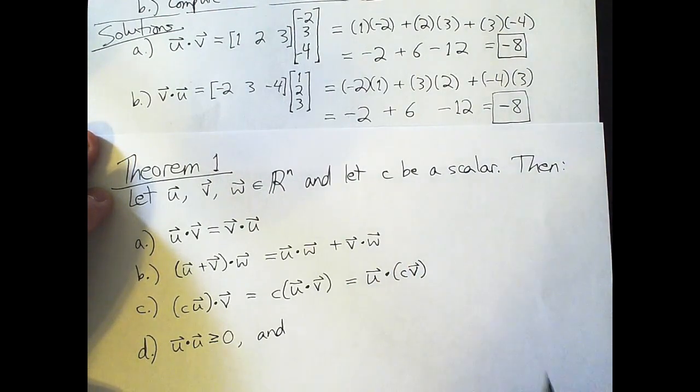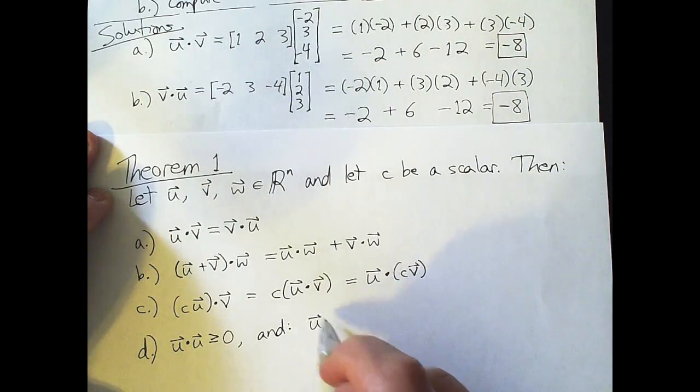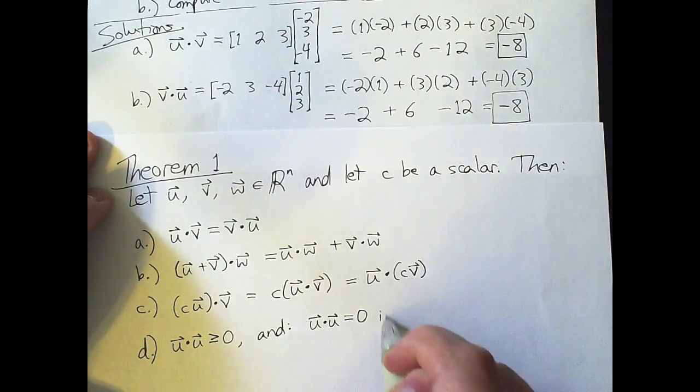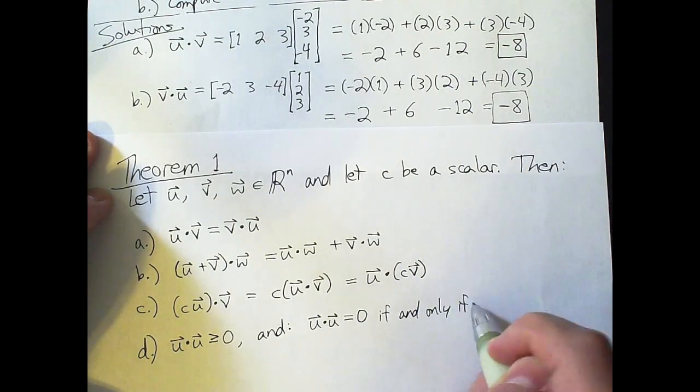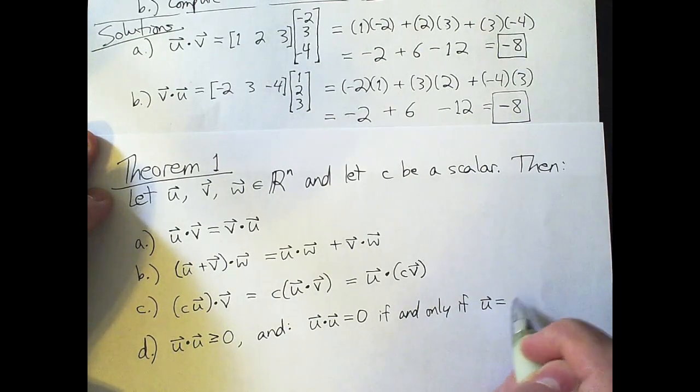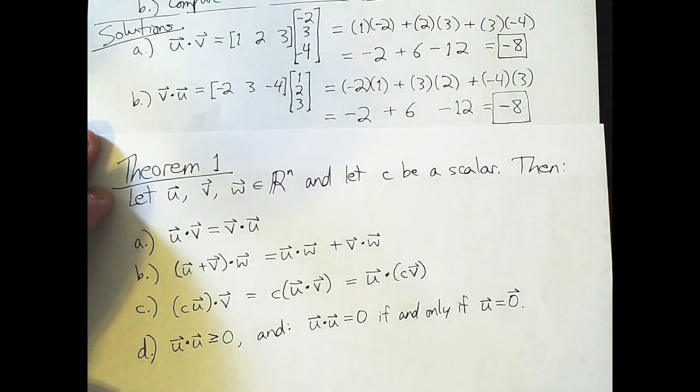And we're going to say that the inner product equals 0 if and only if u is the 0 vector. That kind of goes along with what I just said.